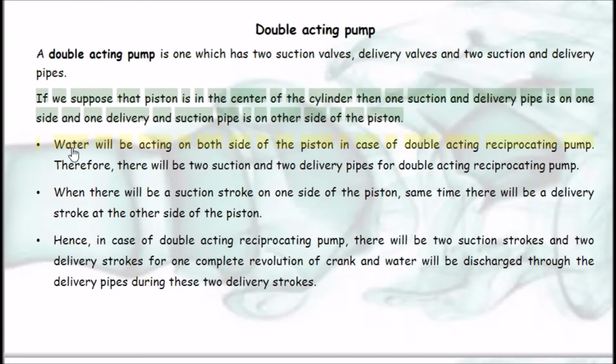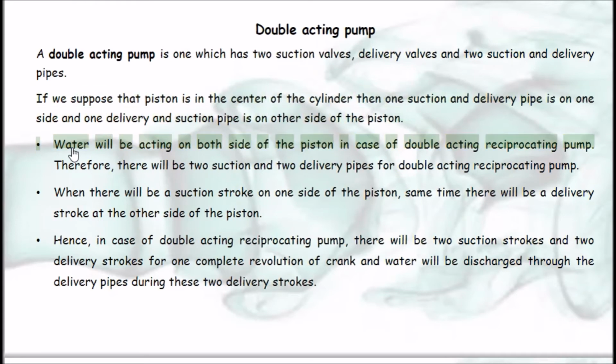If we suppose that the piston is in the center of the cylinder, then one suction and delivery pipe is on one side and one delivery and suction pipe is on the other side of the piston. Water will be acting on both sides of the piston in case of a double-acting reciprocating pump.